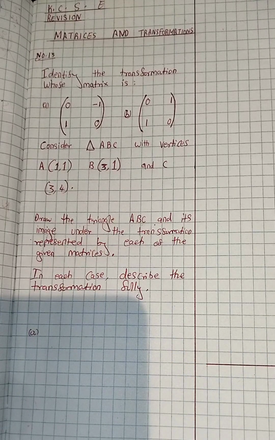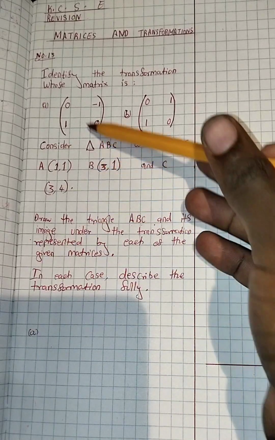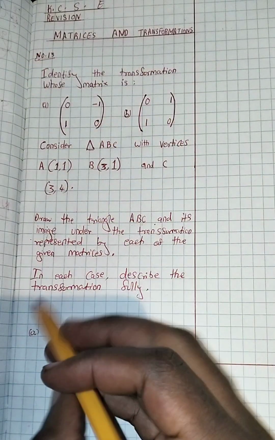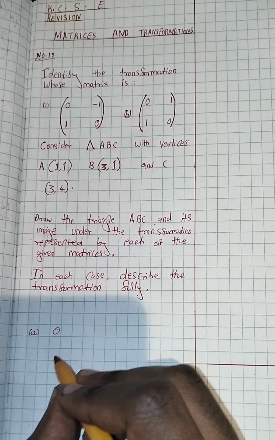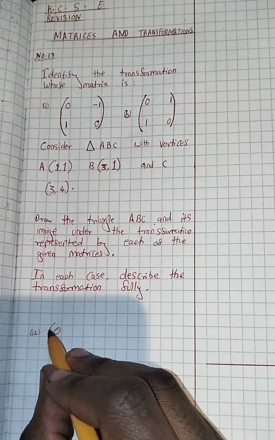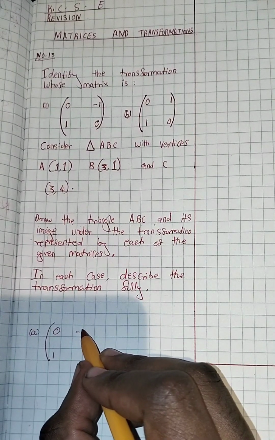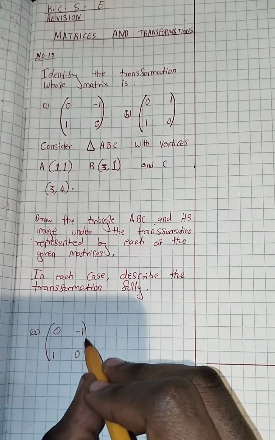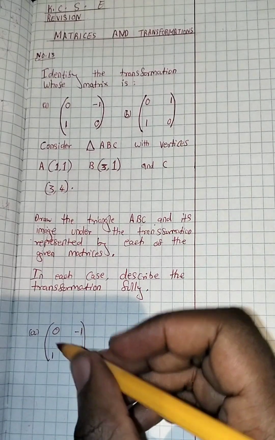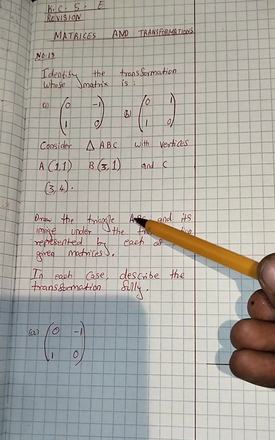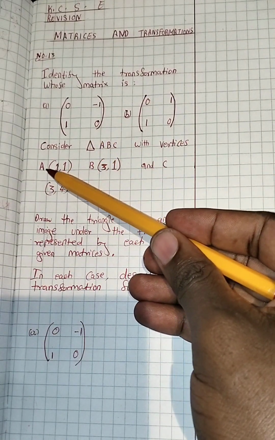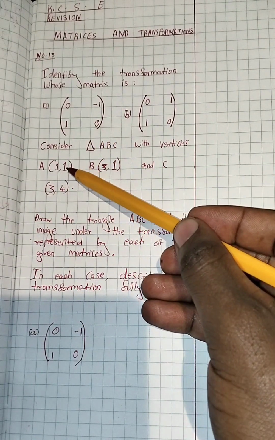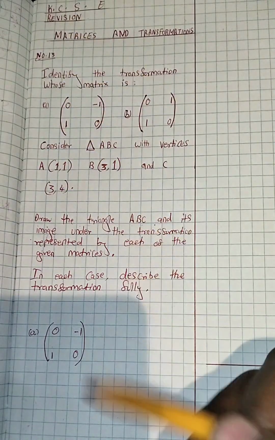Now, if you look in this question, I'm going to take A and write it here. This is 0, 1. I close the bracket. This is negative 1, this is 0. Then I close this one like this. Now, remember we are in the chapter of matrix.